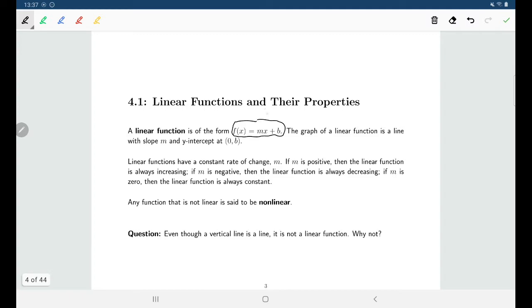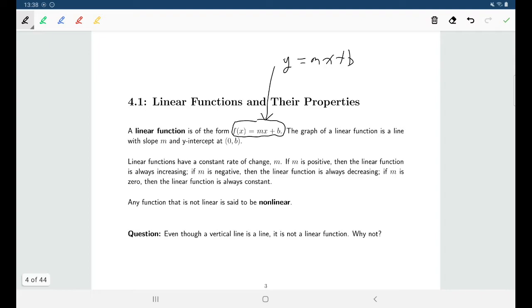Remember that when we're thinking about f of x representing our function of x, f of x itself is our y value. So when I say f of x is equal to mx plus b, I'm really also saying the equation is y equals mx plus b. That's one key takeaway throughout all of this: whatever we have as our name for our function, that's representing our y values.